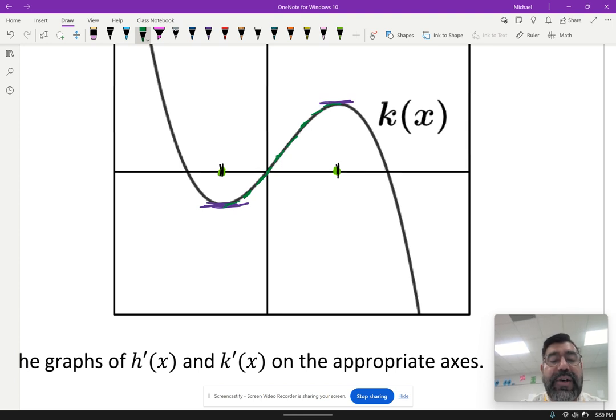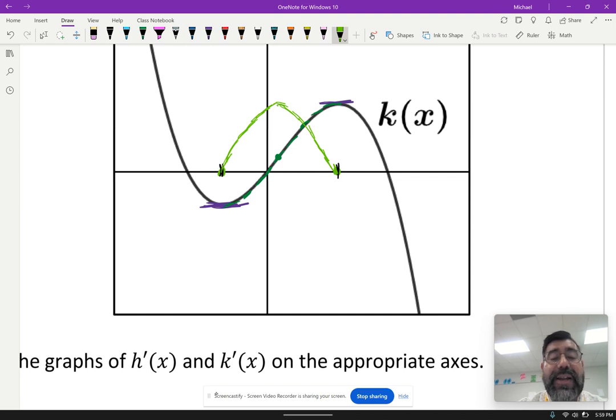So somewhere here is the most positive slope, and then it's still a positive slope, but it starts decreasing until it gets to 0.